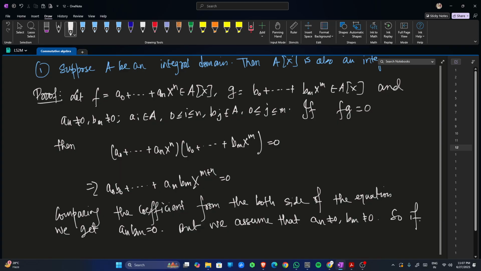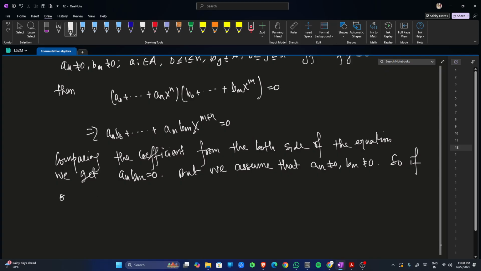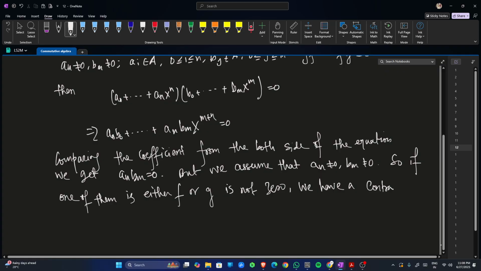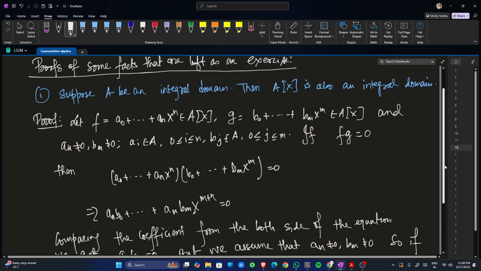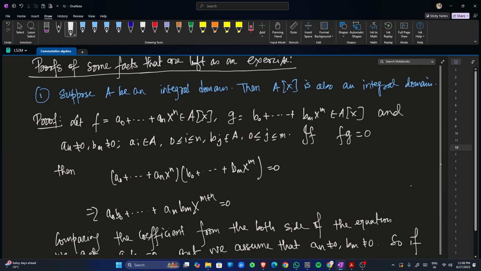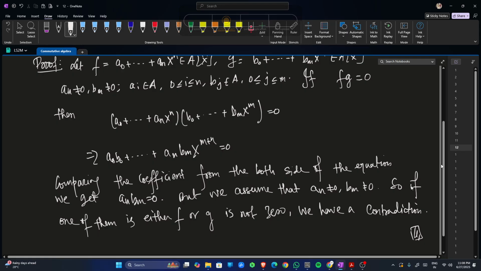So if one of them, that is either f or g, is not 0, we have a contradiction. Just put the first part. The proof is fine, right?